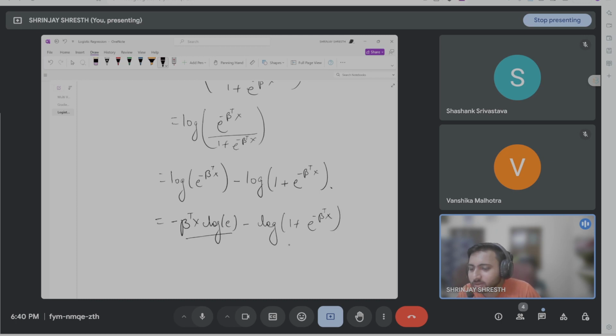This happens by the property log of a raised to the power m is m log a, and log e is 1. Okay, log e is 1. So let me write it again. This essentially reduces to minus beta transpose x minus log of 1 plus e raised to the power minus beta transpose x. So this is your log of 1 minus h(x).